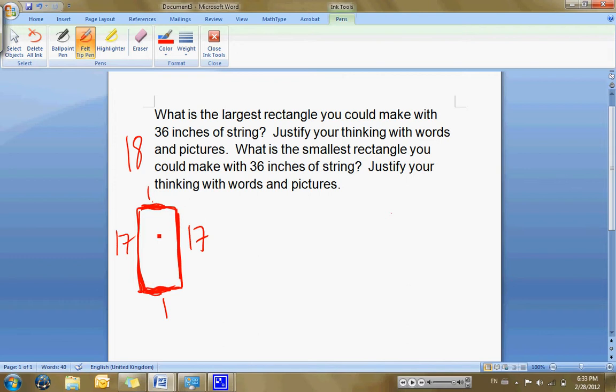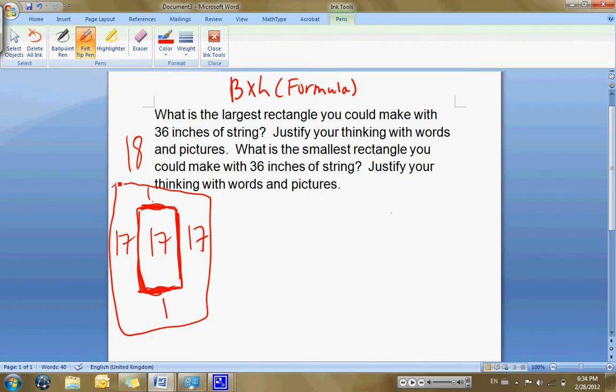So if we find out what's the smallest, we have to find out the area. The formula to find the area of a rectangle is base times height. So base times height, 17 times 1 is 17. So this is the smallest rectangle you can make with 36 inches of string.